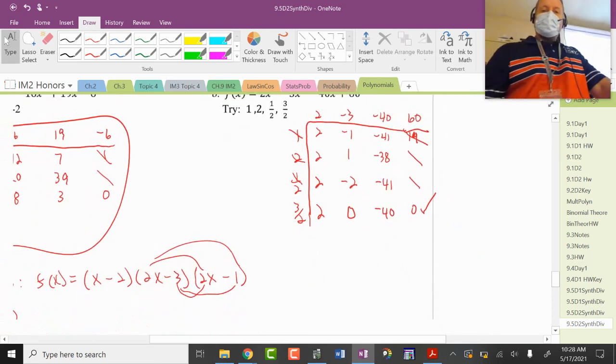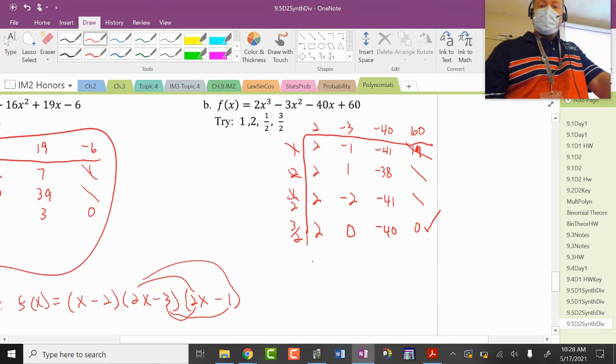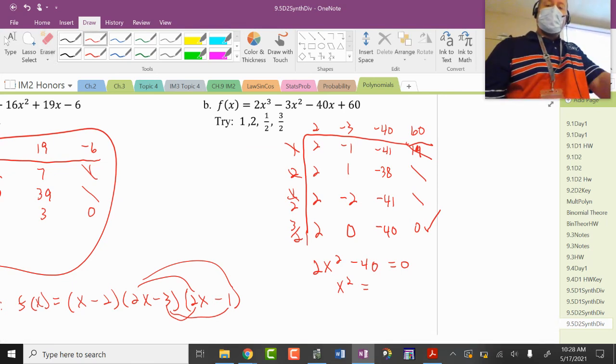So notice what we have here, though. Now I'm going to take this 2x squared minus 40 and set it equal to 0. Add 40. Divide by 2. Maybe a little too fast on that, so let's slow that down. 2x squared equals 40. x squared equals 20.